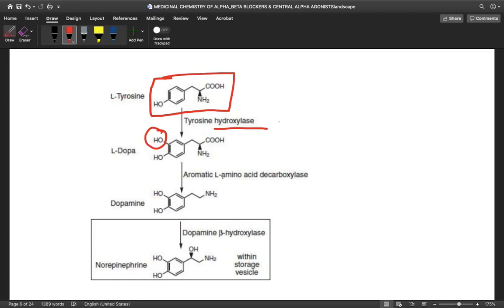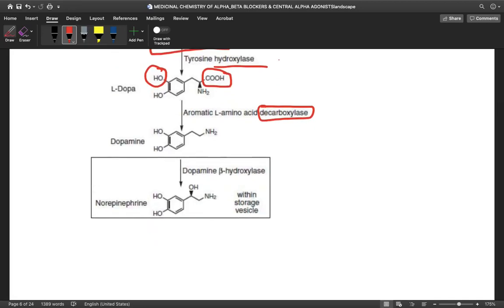Then you have aromatic L-amino acid decarboxylase, which is going to remove the carboxylic acid, to give you dopamine. Then dopamine is going to be converted to norepinephrine by the enzyme dopamine beta hydroxylase. So a hydroxyl group is added at this key position in the beta position of dopamine to give norepinephrine.